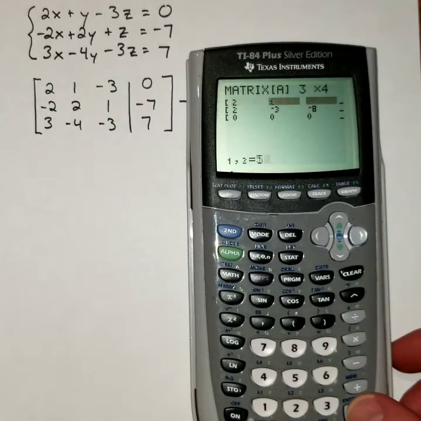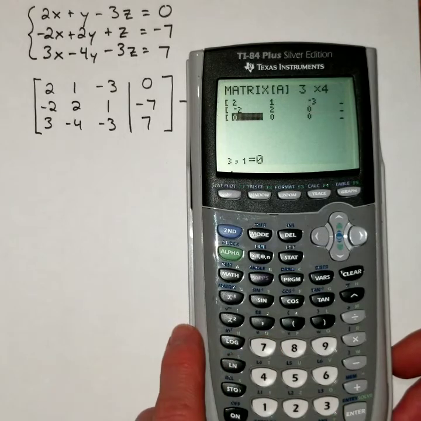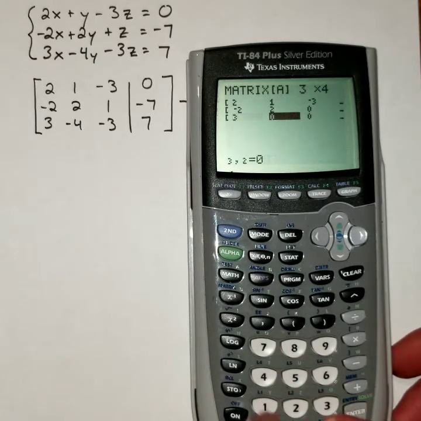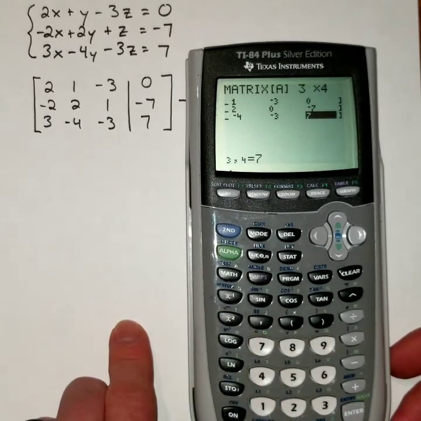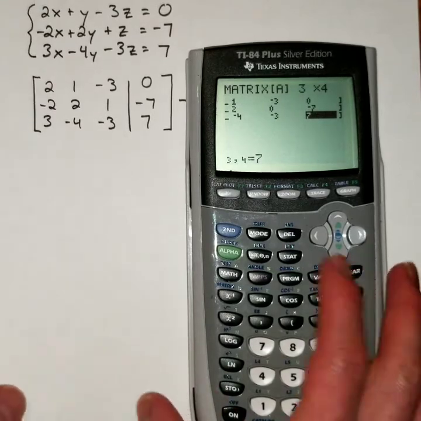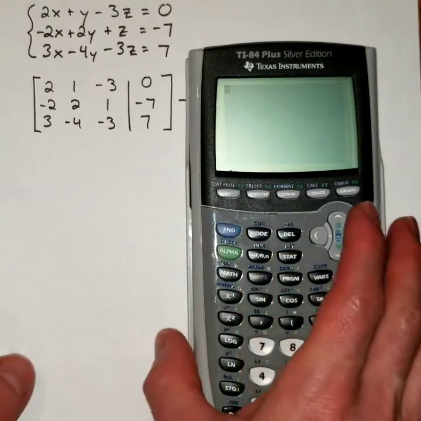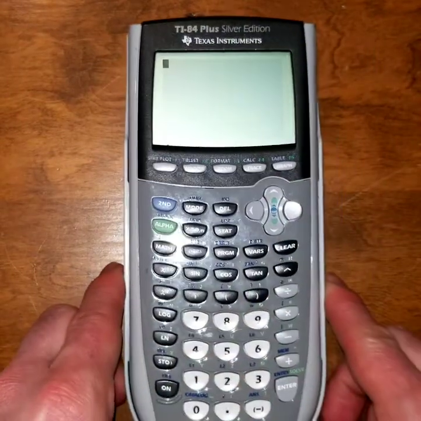So it's 2, 1, -3, 0, -2, 2, 1, -7, and I'm hitting enter to pop to the next number each time. There, I've got them all typed in, so there's my matrix. Then I'm going to quit. Once it's all entered, I go back to the home screen, and here's where we make our calculation.